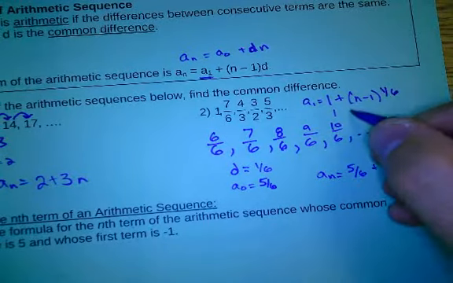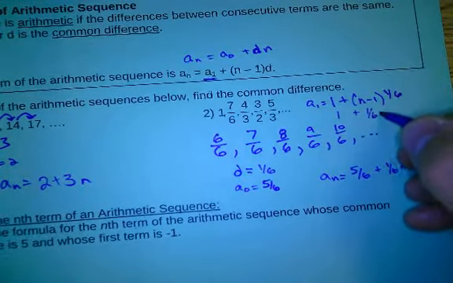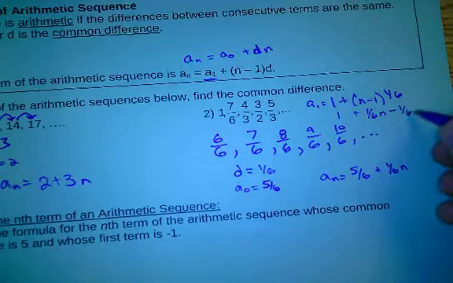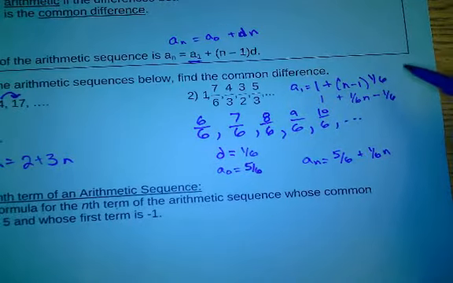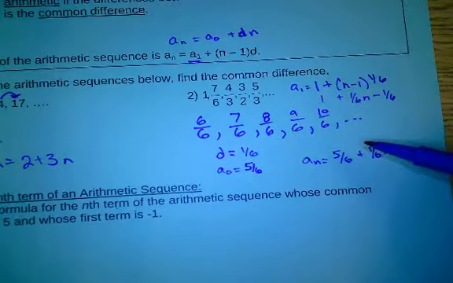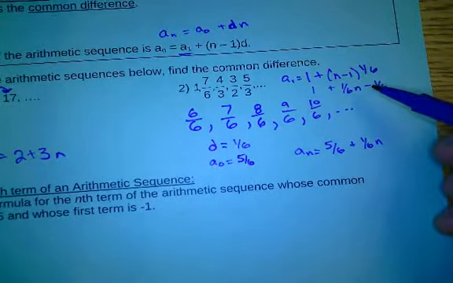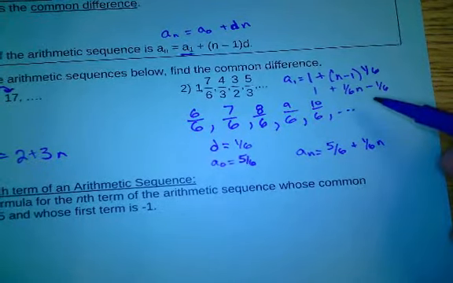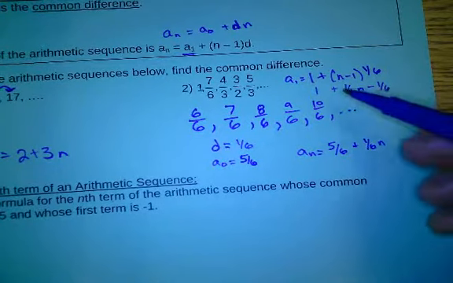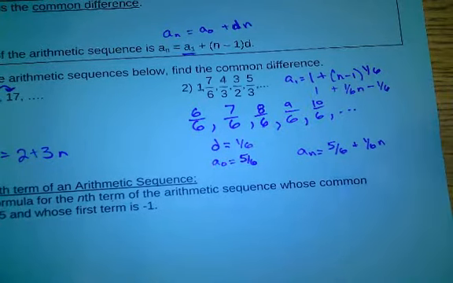But then you need to distribute, so it'd be 1 plus... Because it has to be simplified. Well, you know what? You're not using that formula. Right, and then if you simplify this, you get the same answer down here.